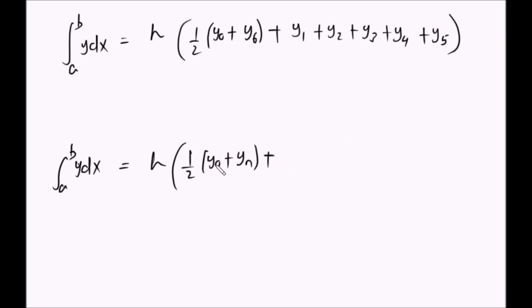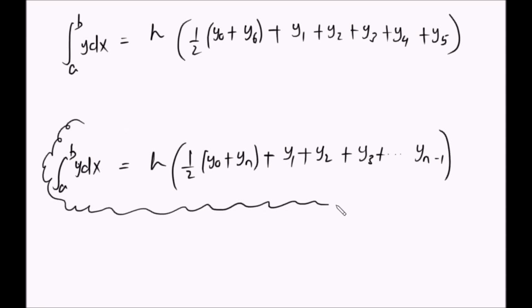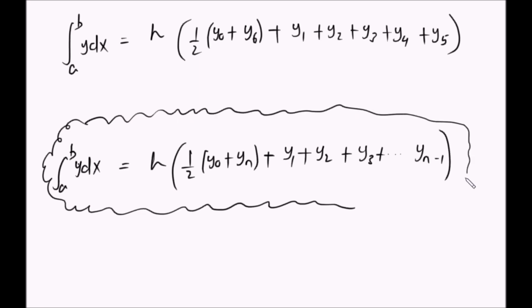So kwa hiyo y0 na yn zinatangulia na hiyo half yake, and then hawa jamaa wanaobakia ndo wanakuja hapa. So wataendelea mpaka yn minus 1, yani kabla ya yn yule. So hii sasa ndo inaitwa trapezoidal rule.